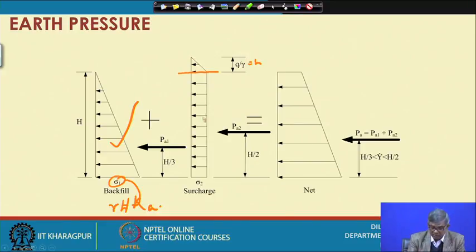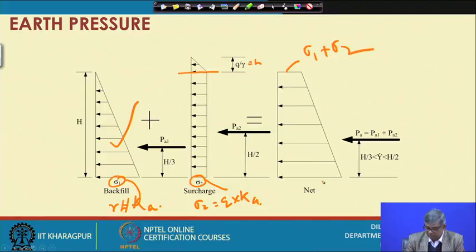If this pressure is constantly acting, so this sigma 2, suppose Q was acting, so sigma 2 will be Q into Ka, and then your total diagram will be sigma 1 plus sigma 2 here, and here also sigma 1 plus sigma 2.